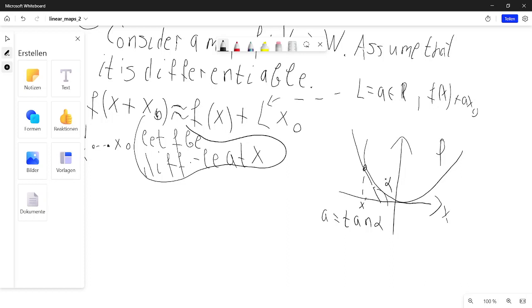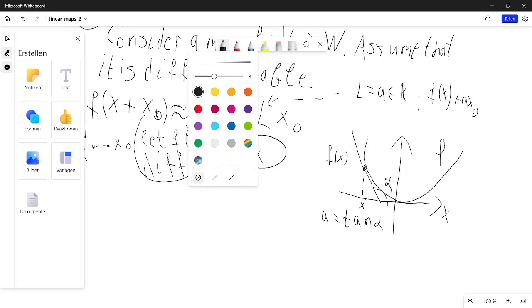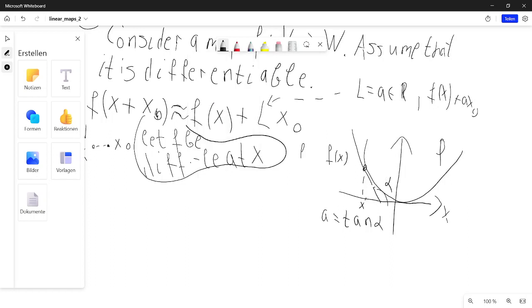I could call the point x tilde, but it doesn't matter. So this line, we could call it, I don't know, small l.